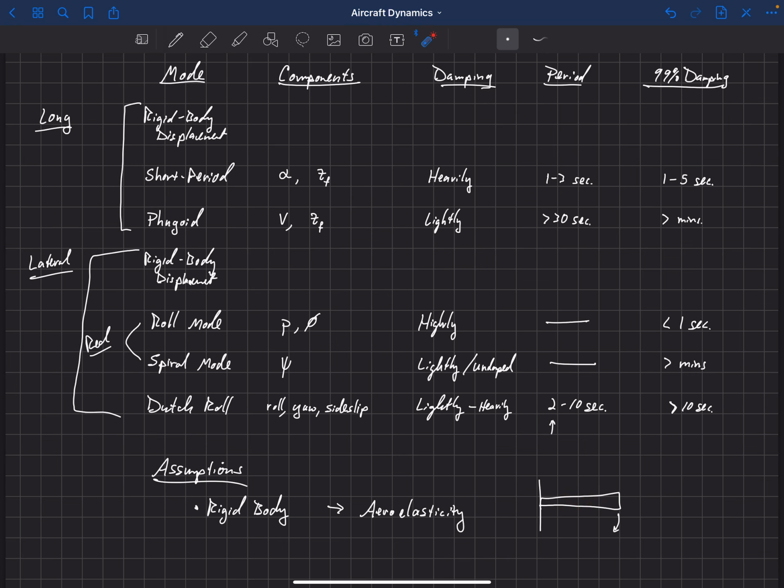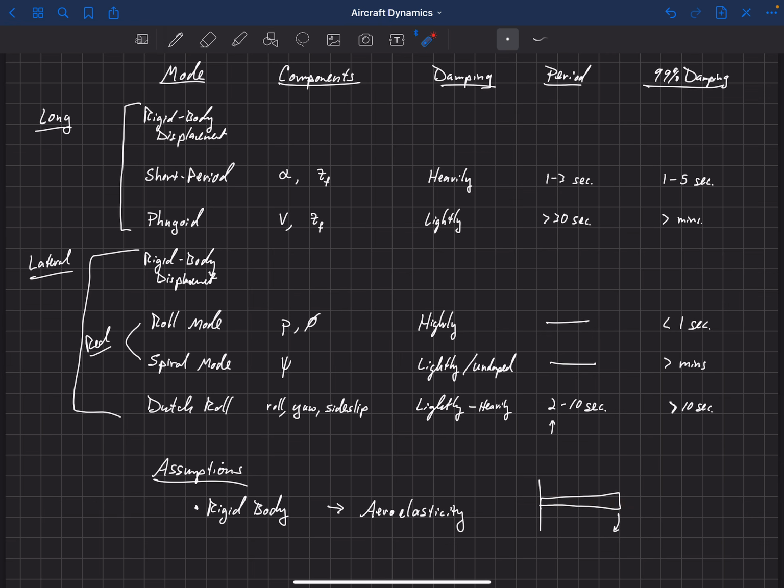So you certainly don't want any of these frequencies that you're going to experience in flight due to disturbances in the air or control input or whatever, to excite modes in your structure.